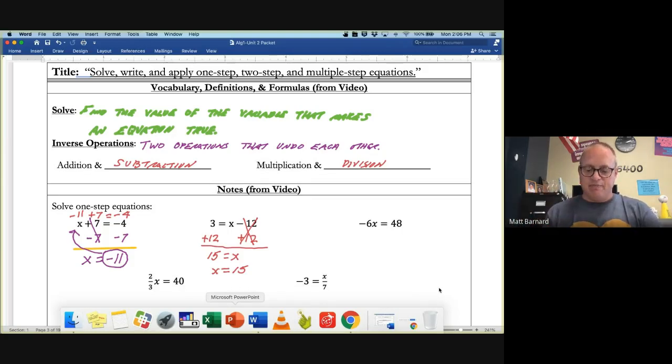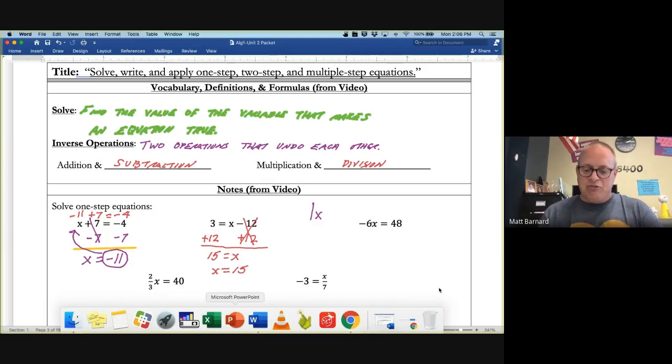Now let's move on. Over here, we happen to have negative 6x is equal to 48. Well, what I have is a negative 6, and that's times x when it's bumped up right there. So that coefficient of negative 6 needs to become a 1. Now, one thing you'll notice is that the number in front of x, there isn't one, but technically there is. It's a 1x. And what we want to do is make this negative 6x into a 1x.